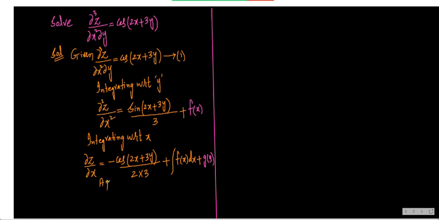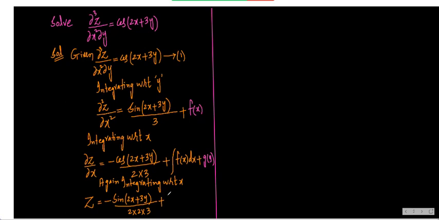Again integrating with respect to x only. So what's the answer? z is equal to, now cos integration is sine, minus as it is, sine of (2x + 3y) divided by, with respect to x, the x coefficient is 2, so this will be 2 into 3, correct?